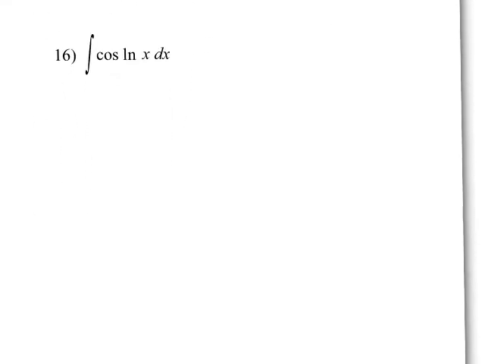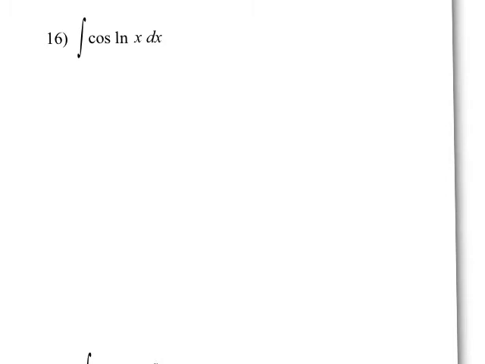which when we look at it, we see that what we have is cosine of ln of x. So we don't immediately see a product there, we only see one term and then the dx. So with that, let's try going with our LIPET. Logarithmic, well, there's no logarithmic term.